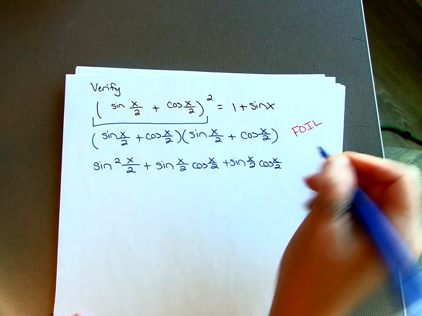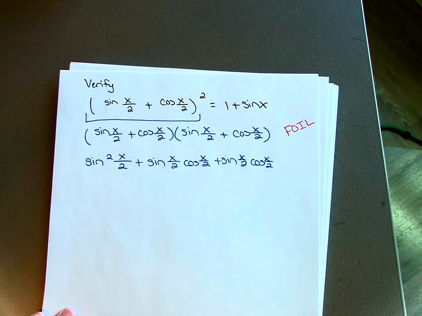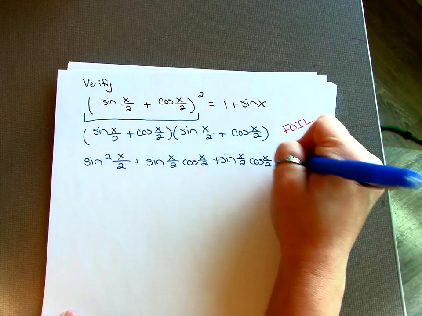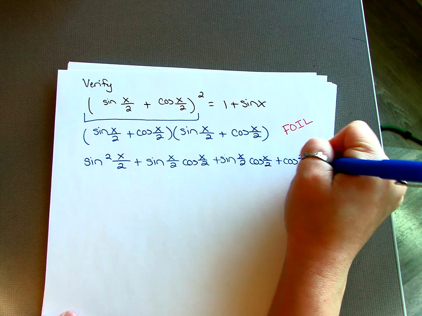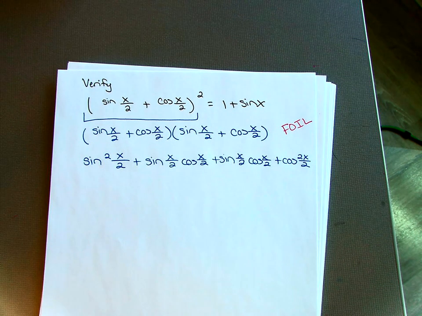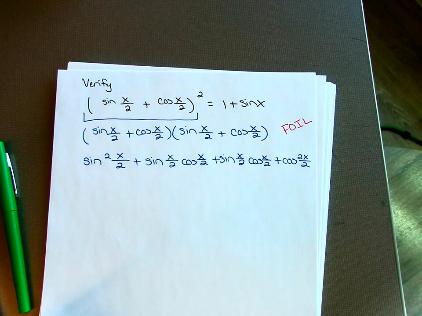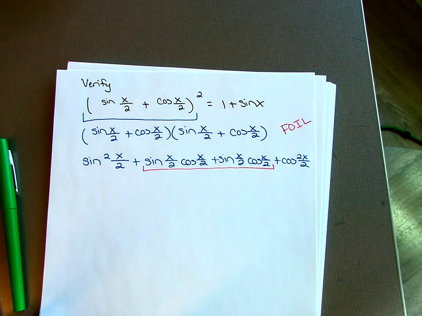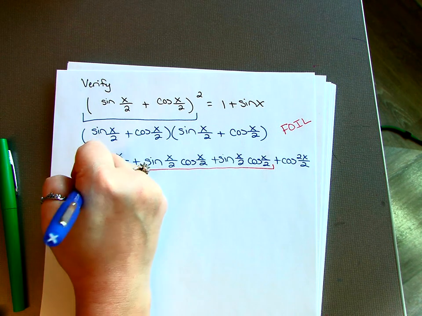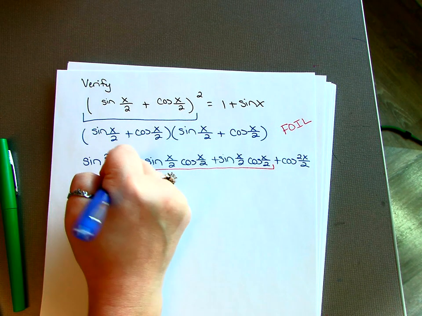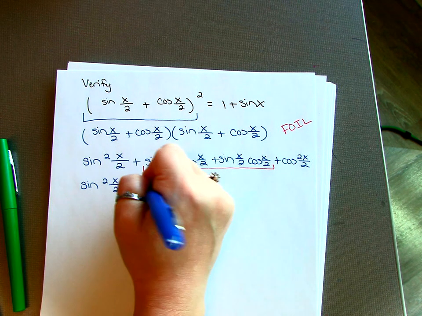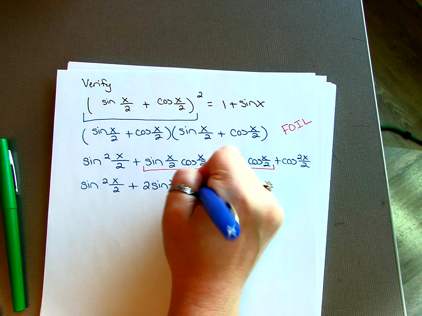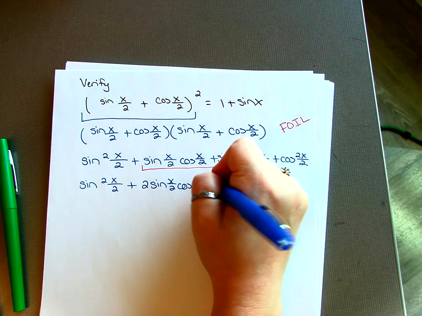Then when I do my last, I'm taking cosine times cosine, which is cosine squared. These middle two are exactly the same, so I can combine them. Sine squared x over 2 plus 2 sine x over 2 cosine x over 2, then plus cosine squared x over 2.